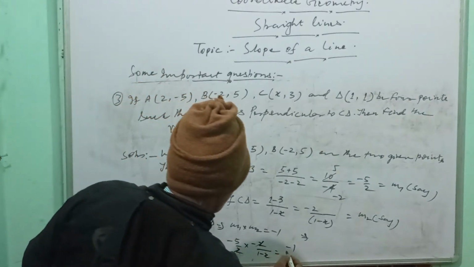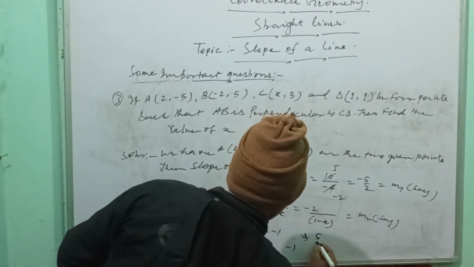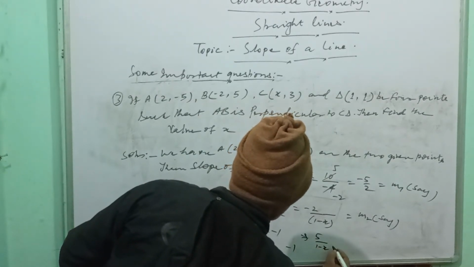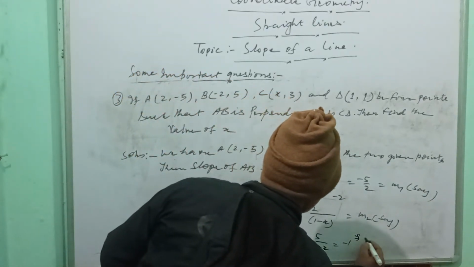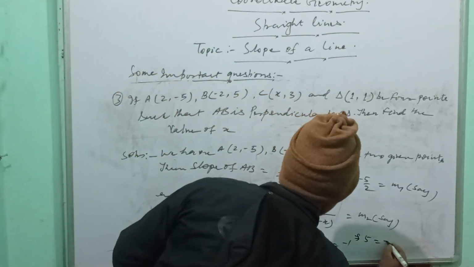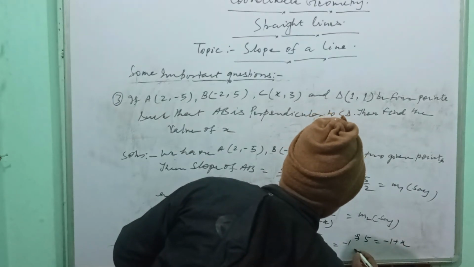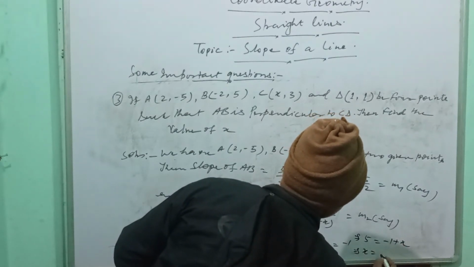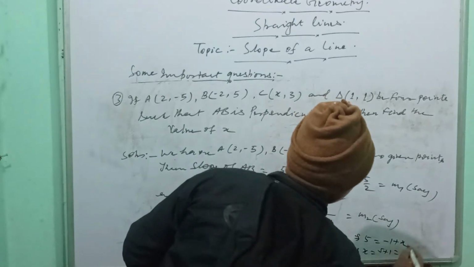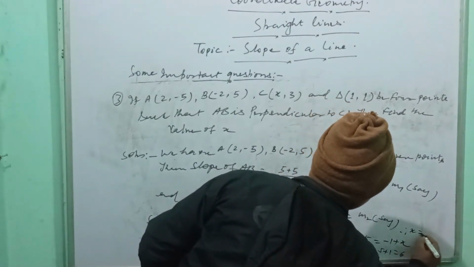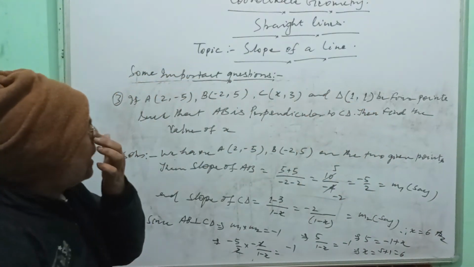After then we have minus minus plus, 5 by 1 minus x is equal to minus 1. This implies 5 is equal to minus 1 plus x. This implies x is equal to 5 plus 1, is equal to 6. Therefore x is equal to 6, answer. This is the required answer.